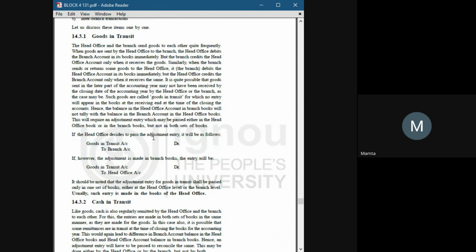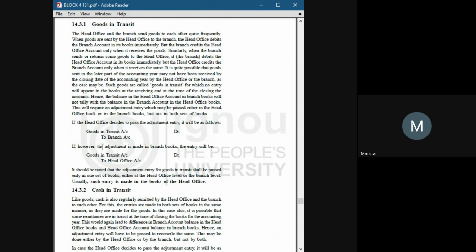One more thing: generally, in normal practice, the head office passes this journal entry, just to avoid this kind of goods in transit difference. The head office passes the entry: goods in transit account debit to branch account.